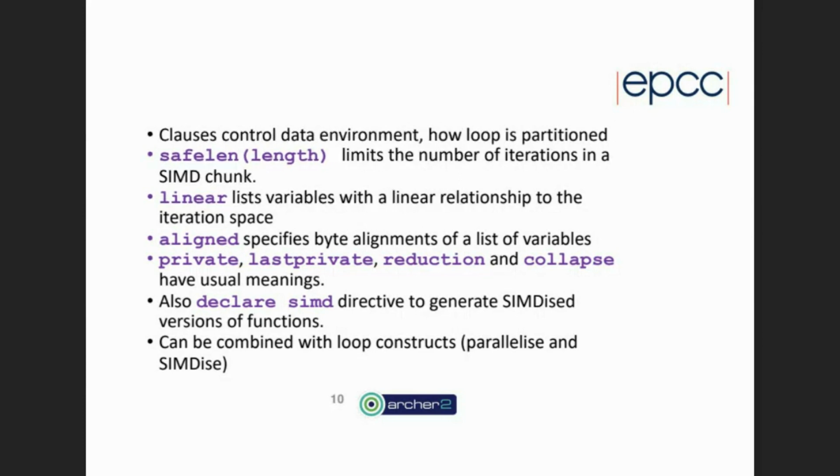Probably the most important one is the aligned one, because this is the information that the compiler is often lacking to be able to safely generate vectorized code. So you can specify the byte alignments of variables.